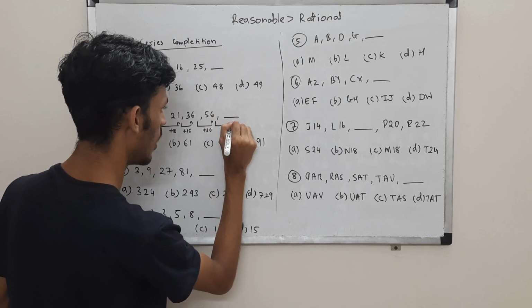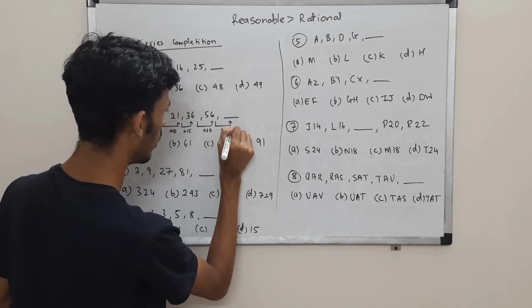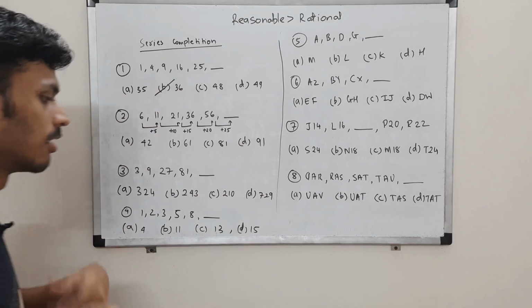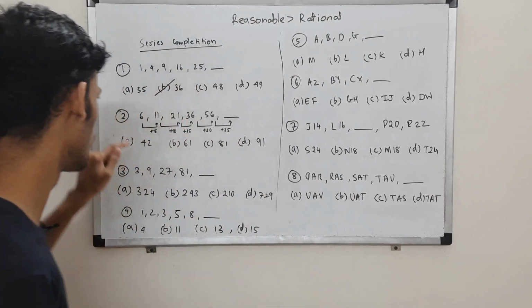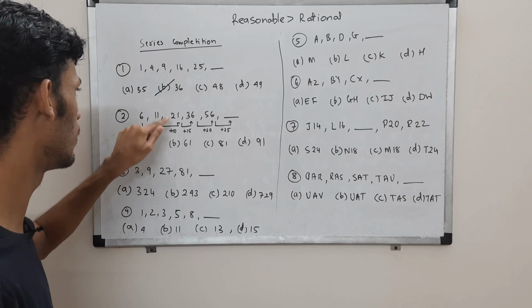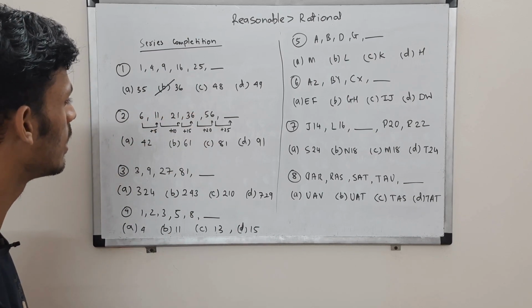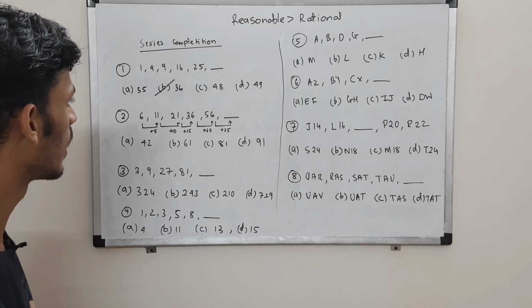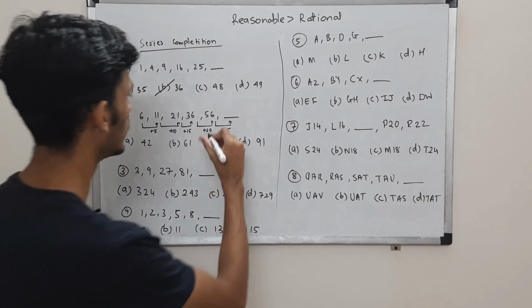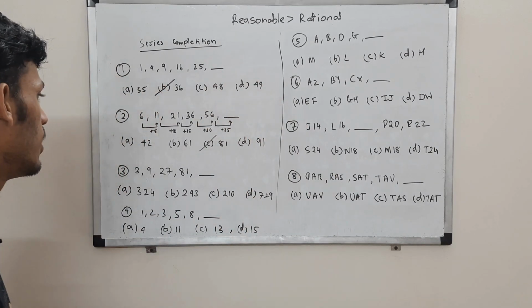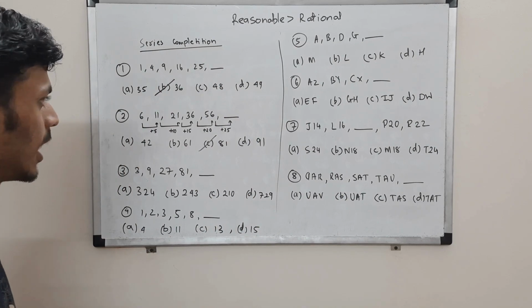So next you have to add 25, right? Keep on adding the subsequent multiples of 5. So 56 plus 25, that will be 81. So option C, 81 is the correct choice over here.